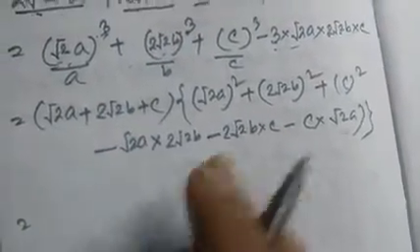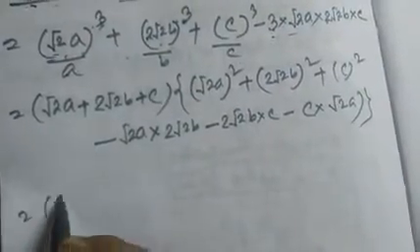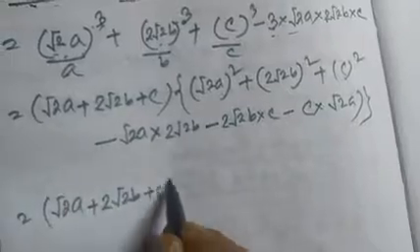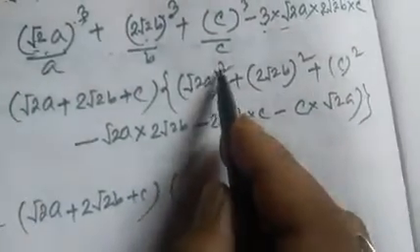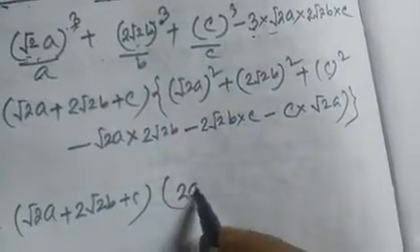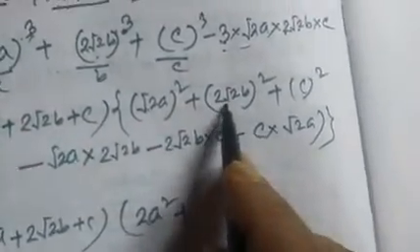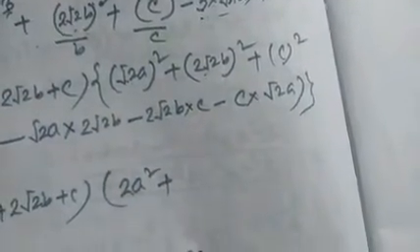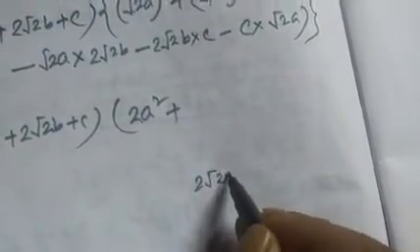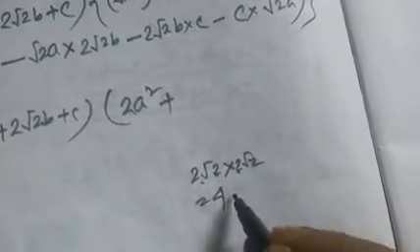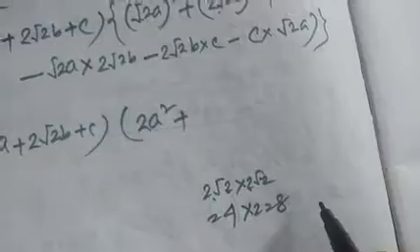Now we just need to simplify this portion. This one is as it is, and here root 2 whole square means root 2 into root 2, that is 2 a square. 2 root 2 whole square means 2 root 2 into 2 root 2, that is 2 into 2 is 4, root 2 into root 2 is 2, so you are getting 8.